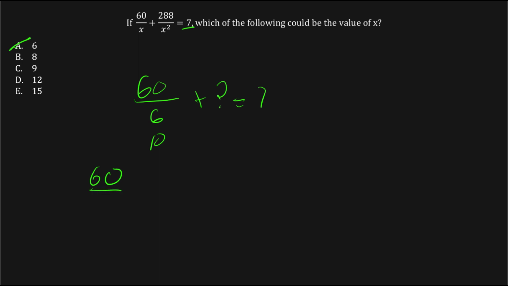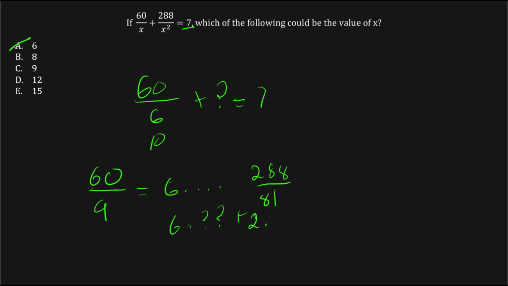So 60 over 9 is equal to, what is this? At least 6, right? Because that would be 54. So 6 point something, and 288 divided by 81 is at least 2, so that's 8 already. 6 point something plus 2 point something.